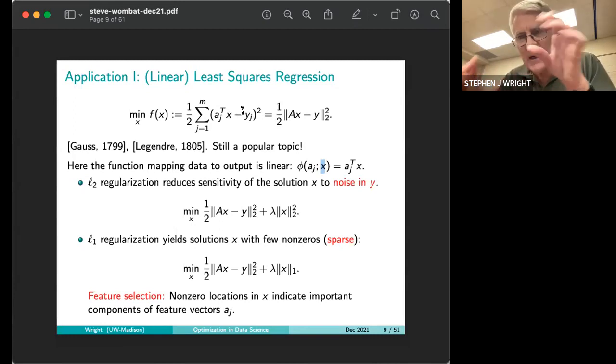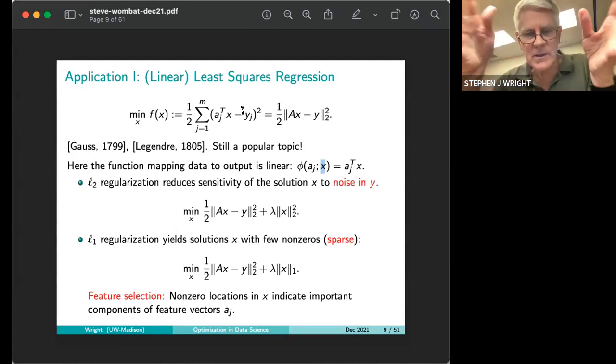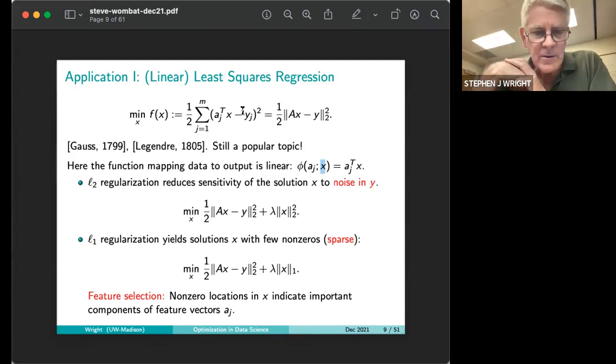And you judge how closely the AJ transpose X maps to the YJ by squaring the difference between the two, adding up those squares, and finding the X that minimizes that sum of squares. That's what that field is all about. It's a data analysis problem, and it fits in the framework that I've just been talking about.